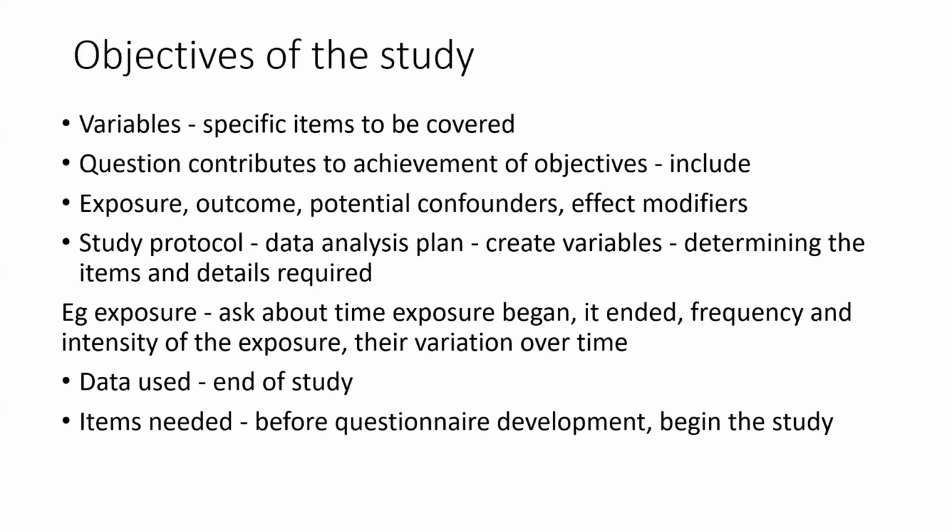In your study protocol, you are writing your study design in different sections. You also have to write a thorough data analysis plan and come up with dummy tables, because there you will know what are the variables and items required, and how detailed the data need to be.